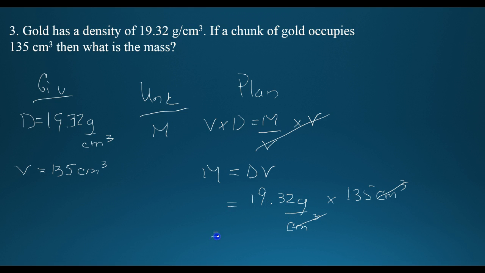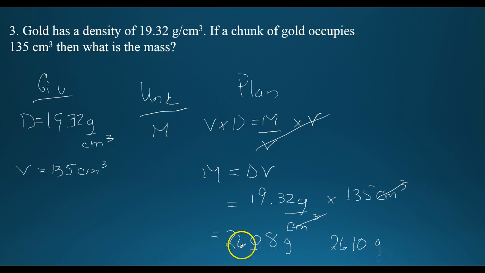We get 2,608 grams, but we want 3 sig figs, so 3 comes out to the 0. There is an 8 after the 0, so the 0 is going to round up to 1, and then we're going to put in a 0 for a placeholder, so our answer is 2,610 grams.